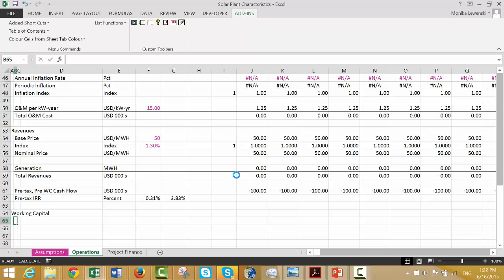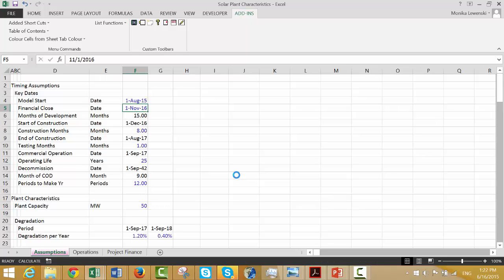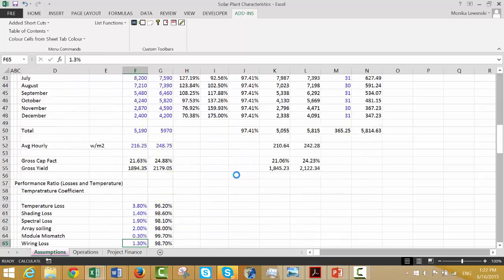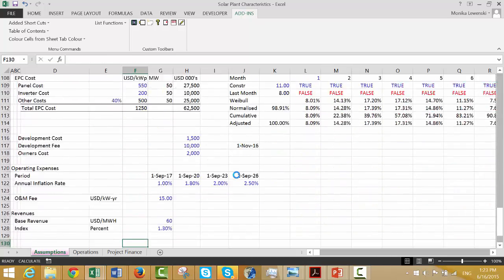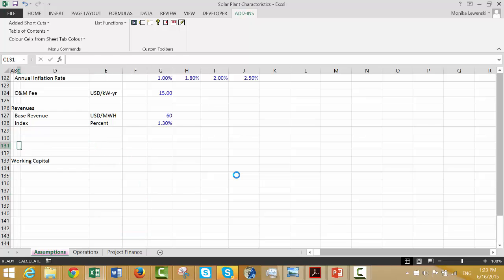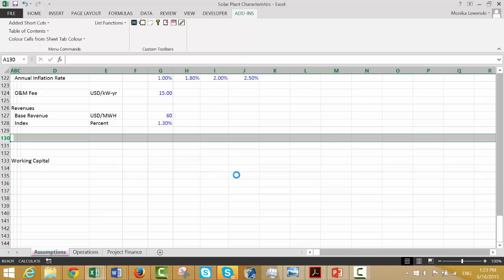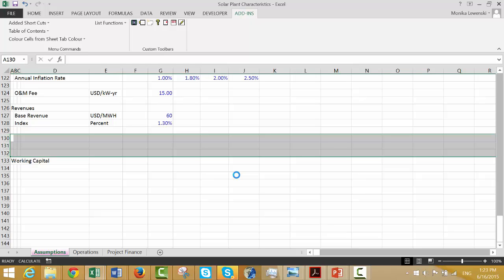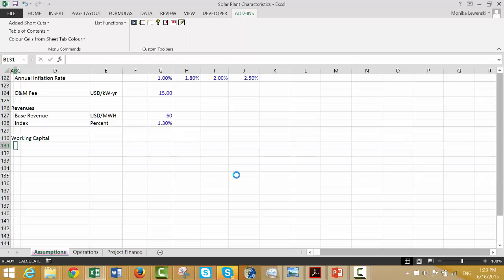We'll put days of working capital, and we'll just put some very simple assumptions in. Sometimes the working capital can be kind of big in a project because you have to first meter the project and then you have to wait. While the meter is going, let's say for a month, you don't get paid, and then you give the meter to the off taker, and then you have to wait another month for that.